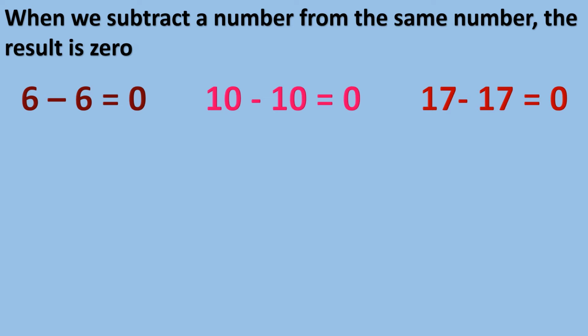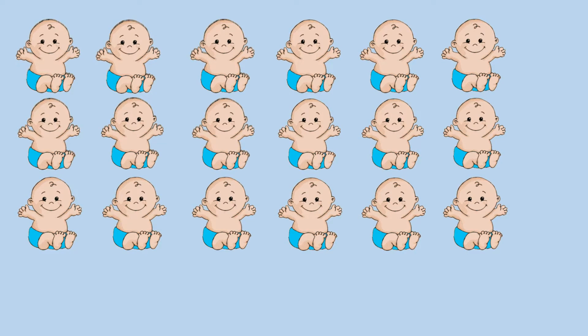Let's see a few more examples. How many happy babies can you see, children? Let's count. 1, 2, 3, 4, 5, 6 in this first line. Then 7, 8, 9, 10, 11, 12, 13, 14, 15, 16, 17, 18. Are you all seeing 18 babies? Yes, that is correct. We have 18 babies.